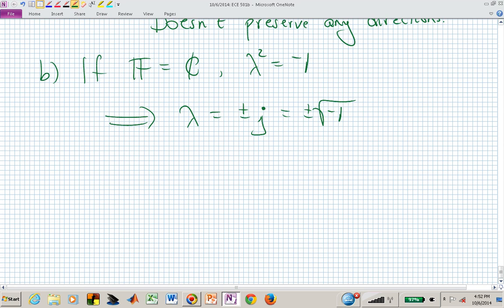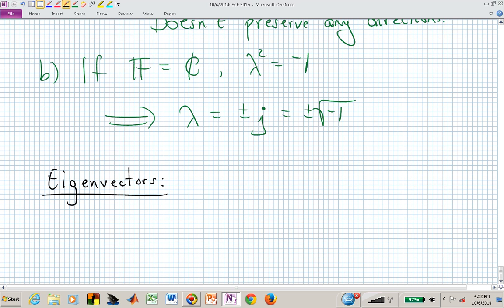Now, let's see what we can do for eigenvectors. We need to find eigenvectors based on, or associated with, specific eigenvalues. And now we have two eigenvalues.